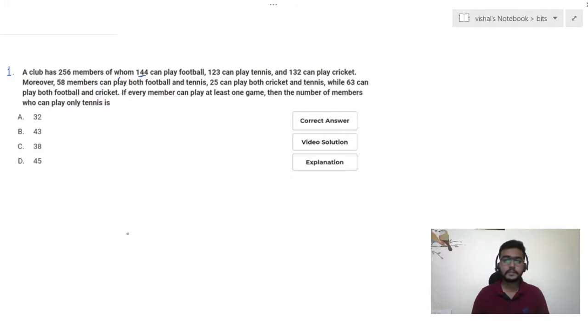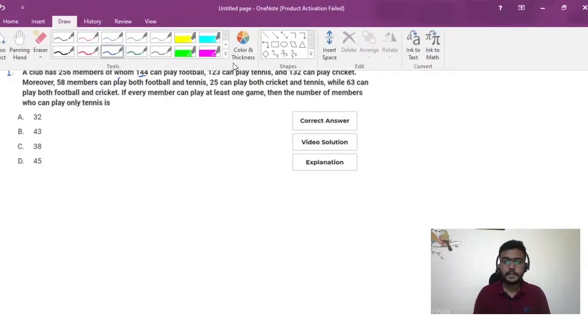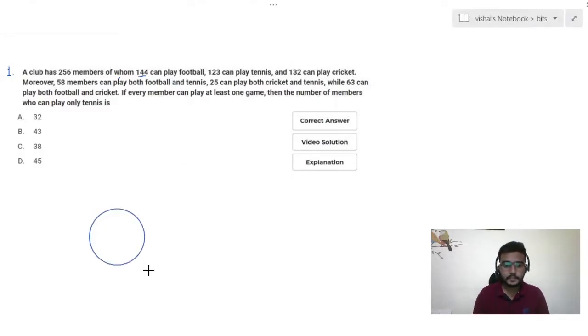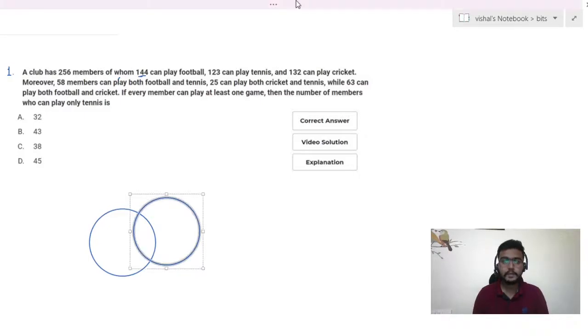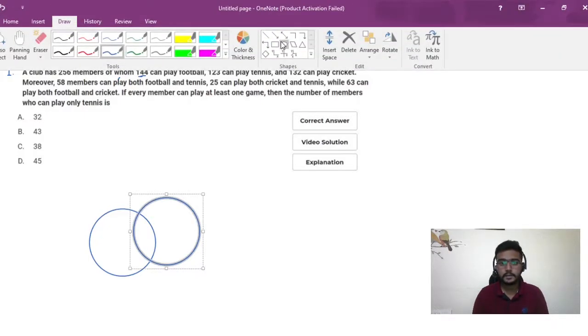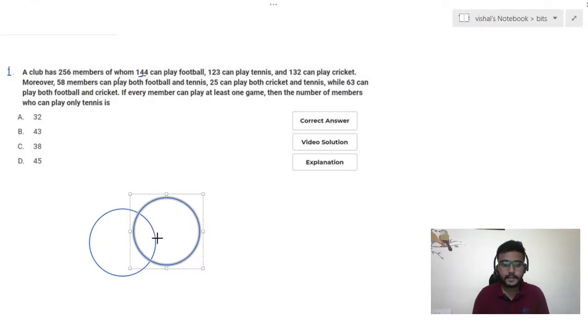So let's start with the question. We will solve it by the Venn diagram. Here I am constructing three circles. The first circle describes the players who play football, the second describes the players who play tennis, and the third describes the players who play cricket.